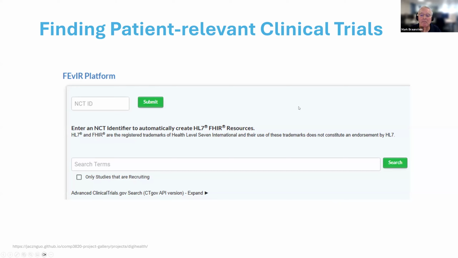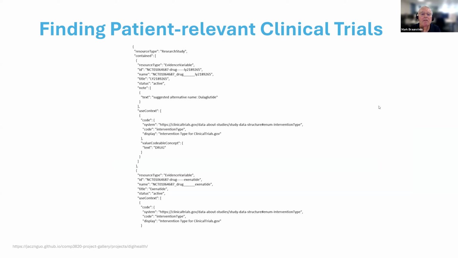They all have numbers. I meant to point that out, but they're just simple numbers. Or you can actually search for them based on text. And they convert them into a group of FHIR resources. And these resources were actually developed by this accelerator. They're very complex resources, as you might imagine. This is just a small part of the research study resource.